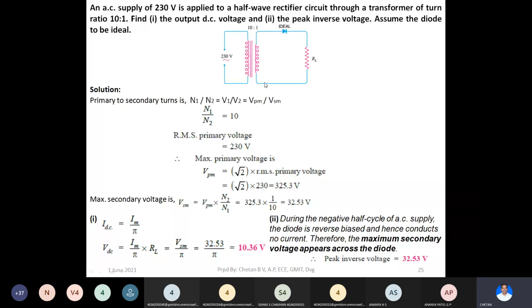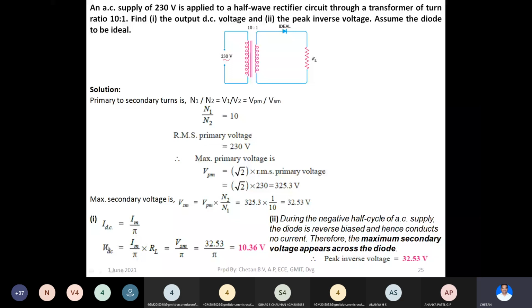So the remaining parameters is output DC voltage. From our derivations, we know that output DC voltage is denoted by VDC, and also we know that IDC is Im by pi. So VDC will be I into R, which means IDC into RL. What is IDC? IDC is Im by pi. Therefore, Im by pi into RL.